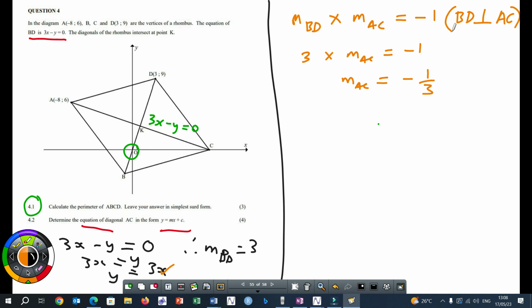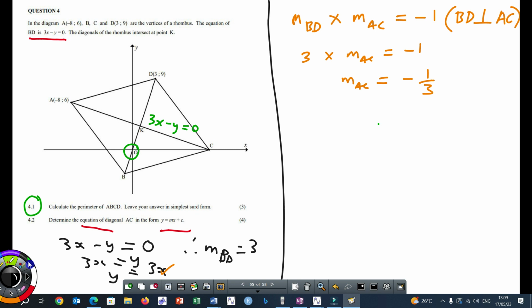Why is that the case? Because BD is perpendicular to AC. Okay? Then once I have that, it's easy now to find the equation for AC.